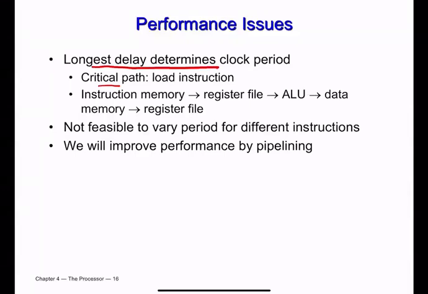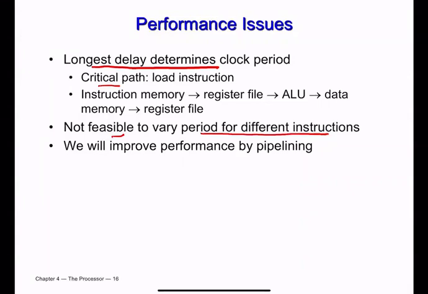This will control my clock period, because it's not feasible to vary the clock frequency with different instructions, meaning I will not take that instruction with this frequency and then that instruction with another frequency, and so on and so forth. Usually I just have one clock, and I'm dealing with this particular clock.